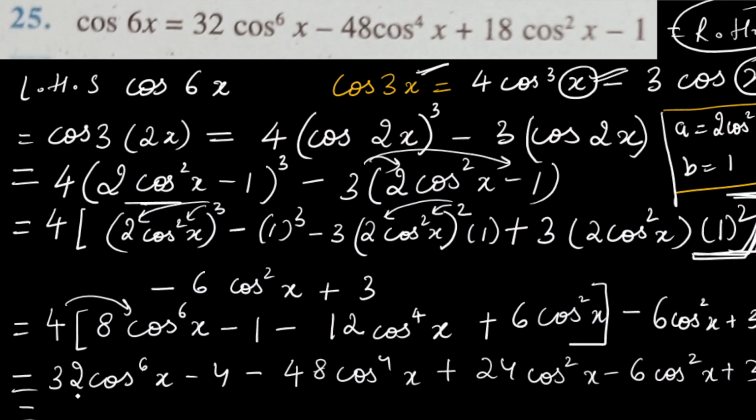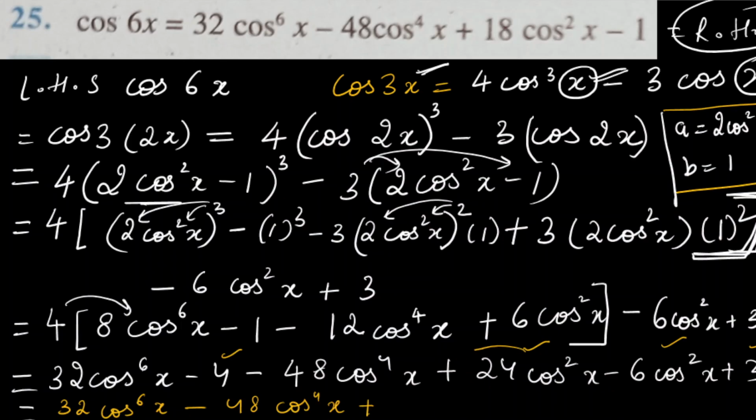Like terms we have to see. 32 cos 6x, then minus 4 and plus 3, these two are like terms. We can simplify it first, 6, then minus 48 cos 4x. See, 24 cos square x and 6 cos square x, again these two are like terms, so we can just solve it.